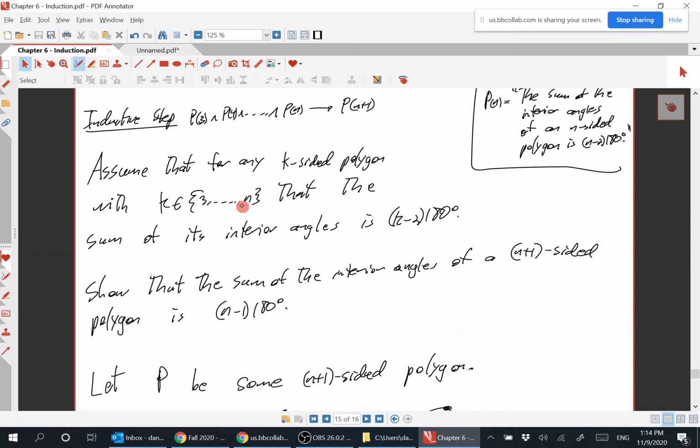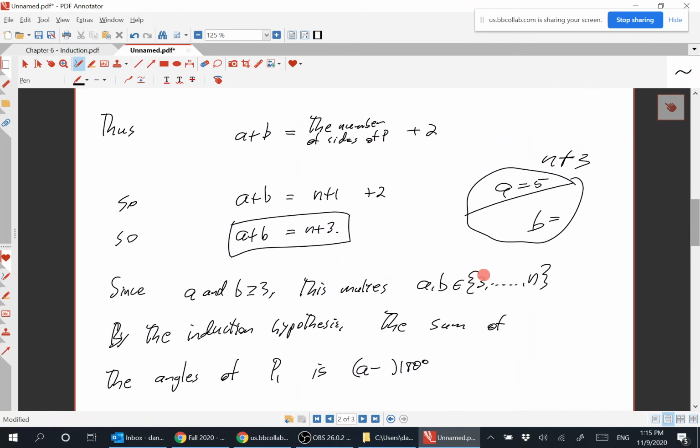What was the induction hypothesis? The sum for any k-sided polygon with k between 3 and n. So for any k-sided polygon with k between 3 and n, the sum of its interior angles is k minus 2 times 180. So here we have an A-sided polygon, where A is between 3 and n.